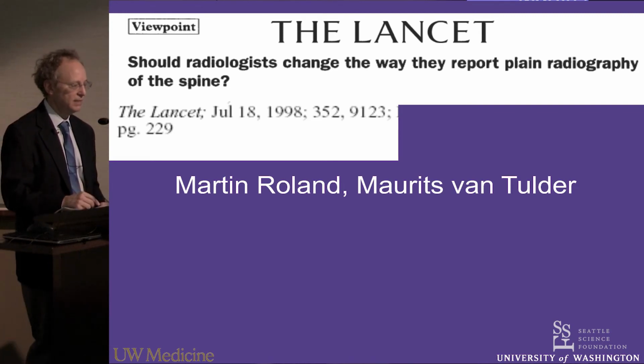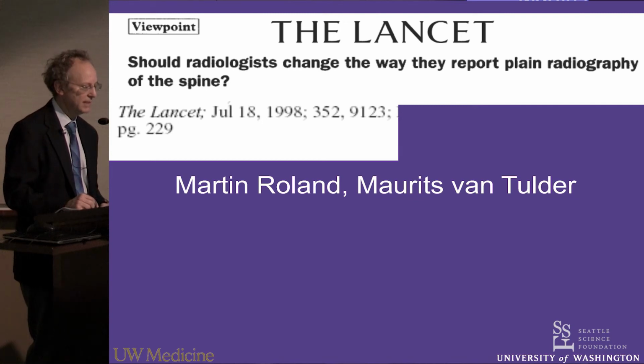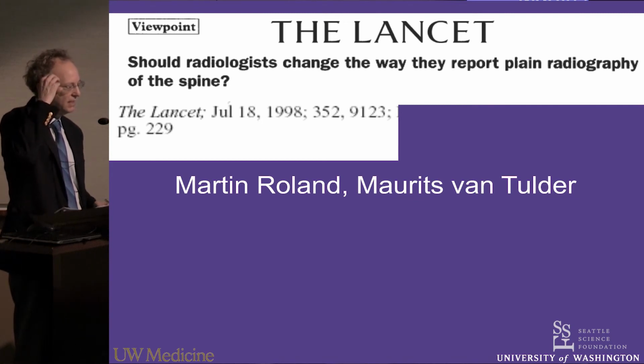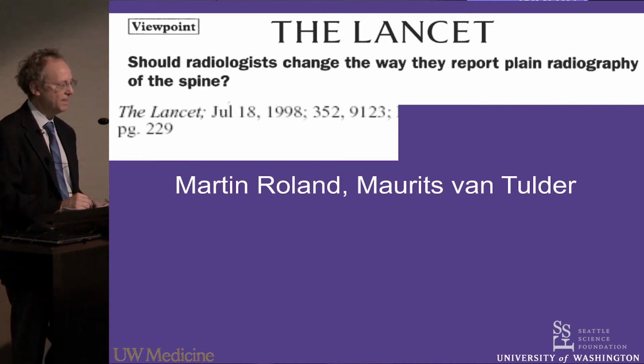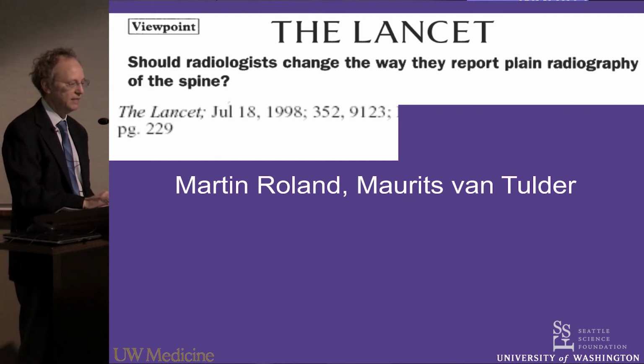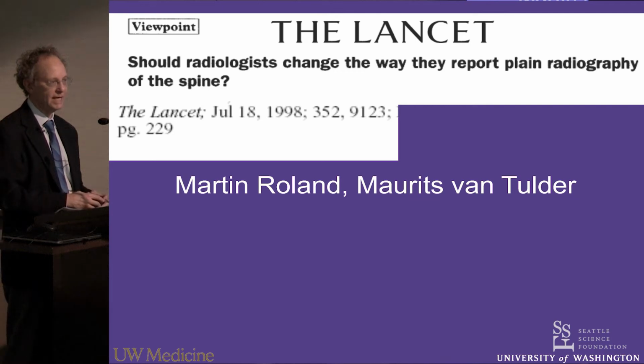And so back a while ago now, this is back in the 1990s, Martin Rowland and Maurits van Tulder published an editorial in The Lancet, which essentially called for a change in the way that we reported imaging findings of the spine. And what they called for was essentially putting normal values into the routine radiology report.